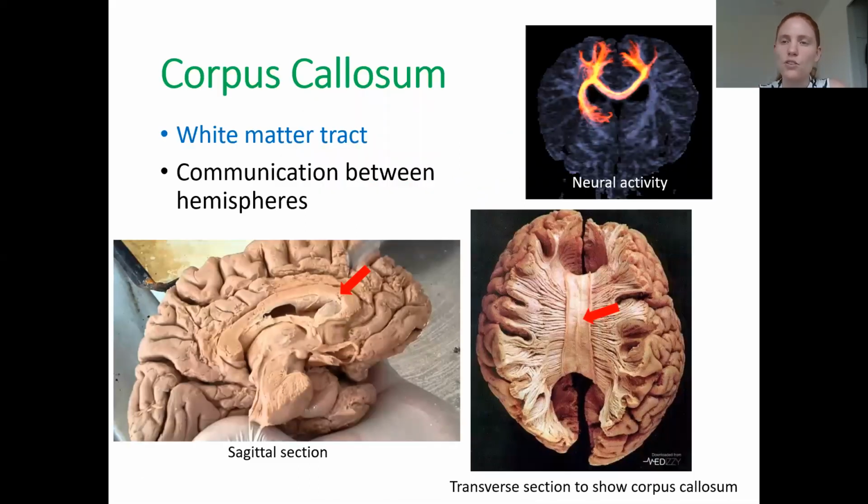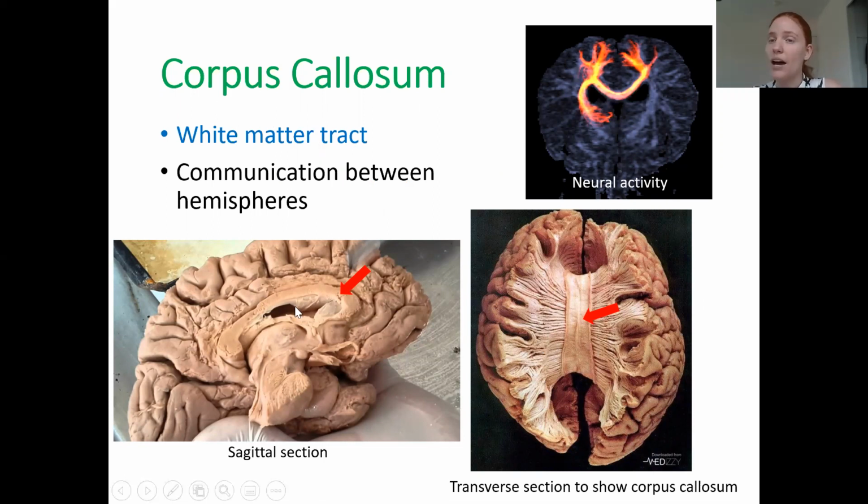There are several structures, but the only one that I want you to know about is called the corpus callosum. This is a white matter tract that connects the two cerebral hemispheres. Here you have the different cerebral hemispheres, and running down the middle of it is a white matter tract, the corpus callosum.